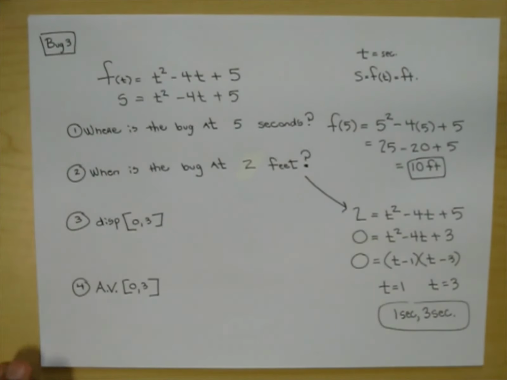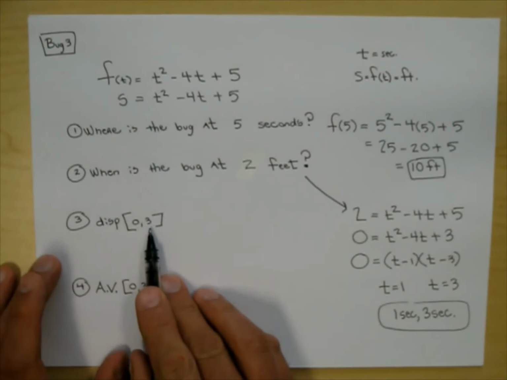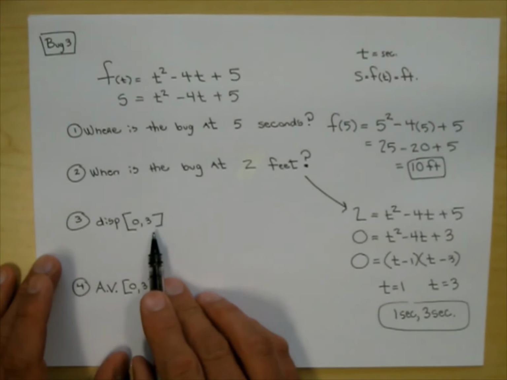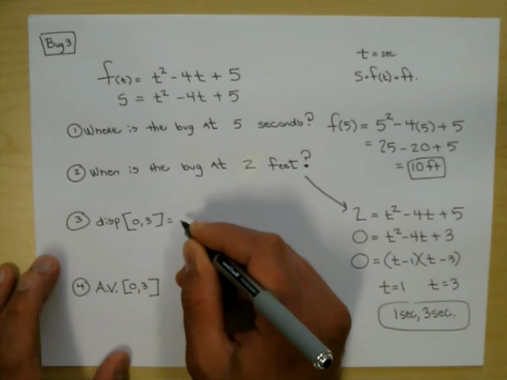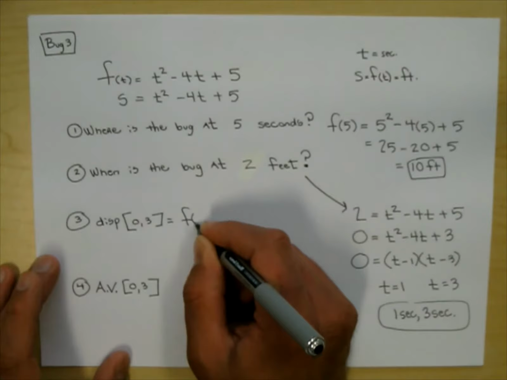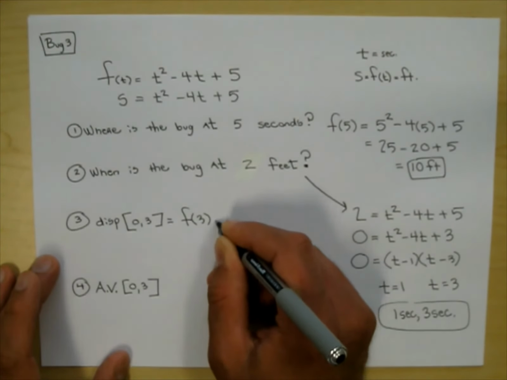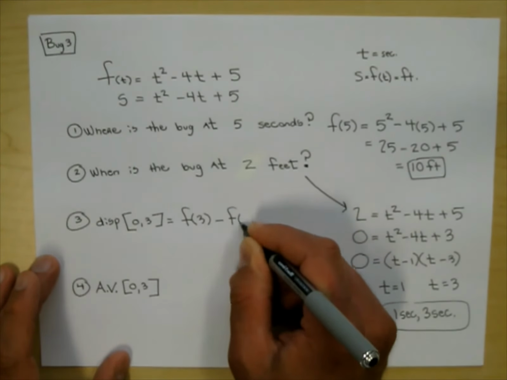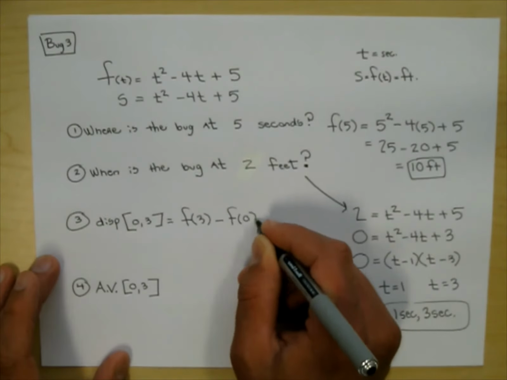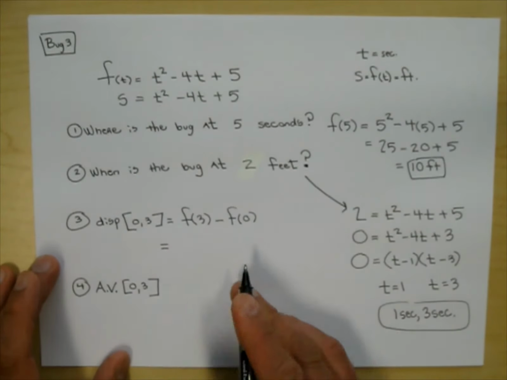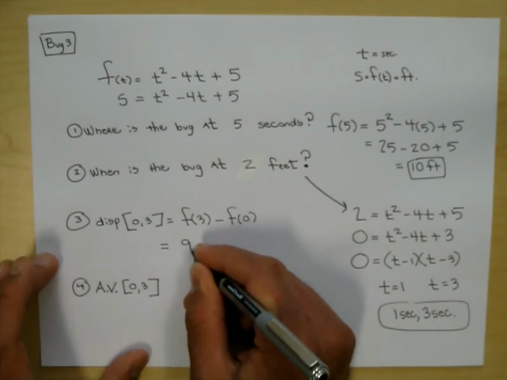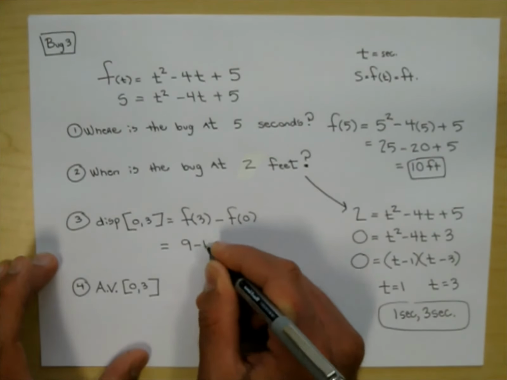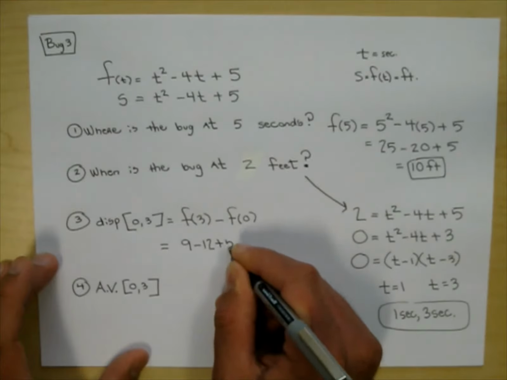Okay, question number 3. What is the displacement from 0 to 3? Well, this is when we have to remember the formula. The formula says f of end time minus f of beginning time. So f of 3 is 9 minus 12 plus 5.